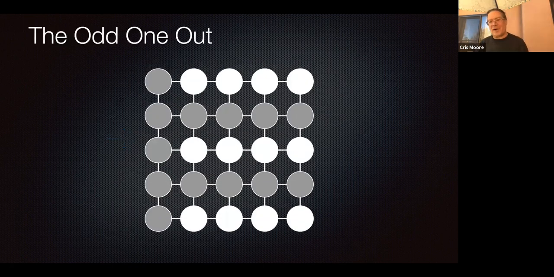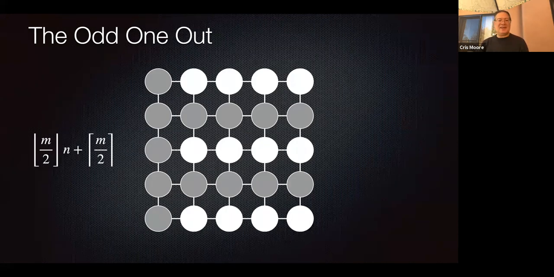It's the one where all the even numbered rows are completely full, and in all the odd numbered rows, the only occupied site is the leftmost one. And so flipping that would destroy the fact that we have a path from top to bottom. So this is our one configuration left over. How many occupied sites does it have? Well, there are m/2 rounded down even numbered rows, and each of them has width n.